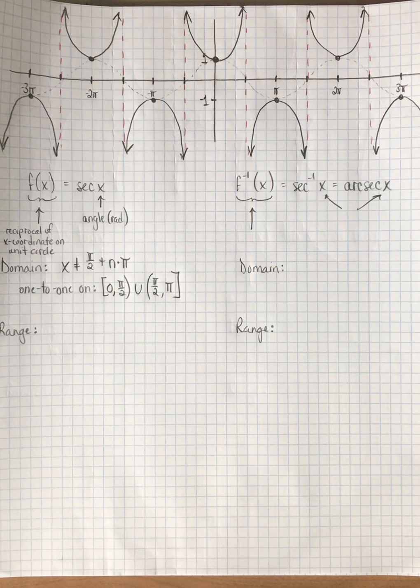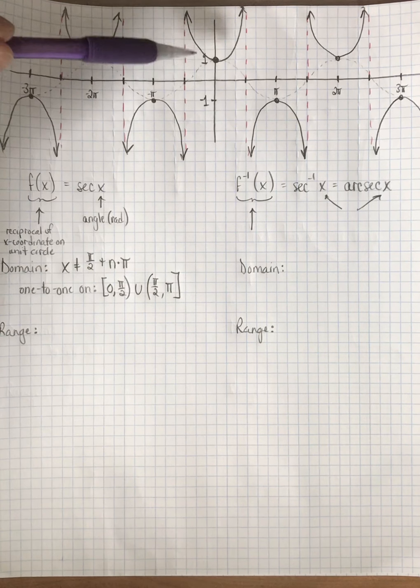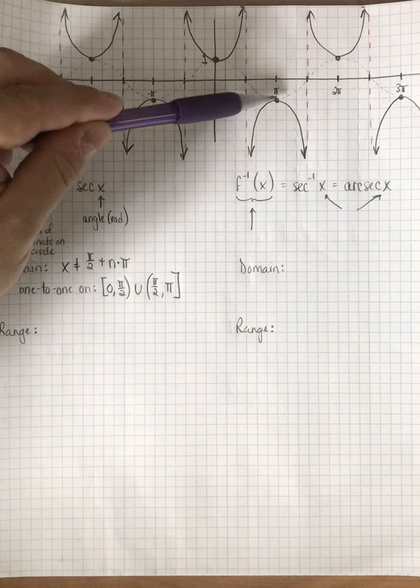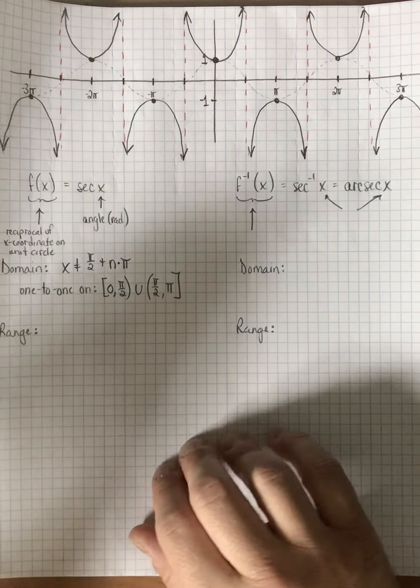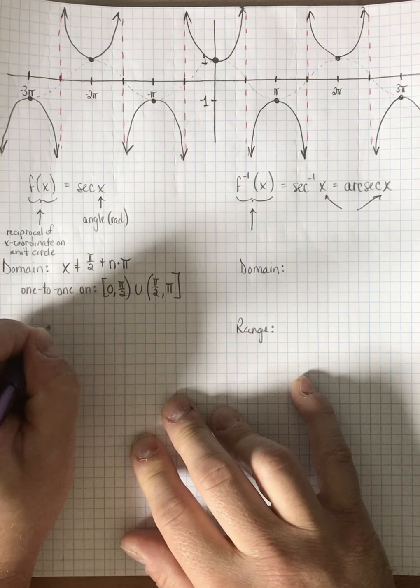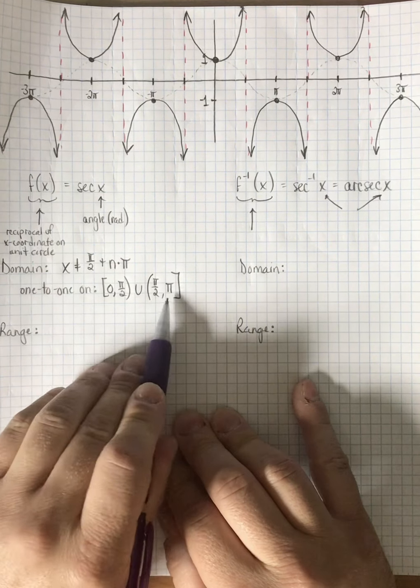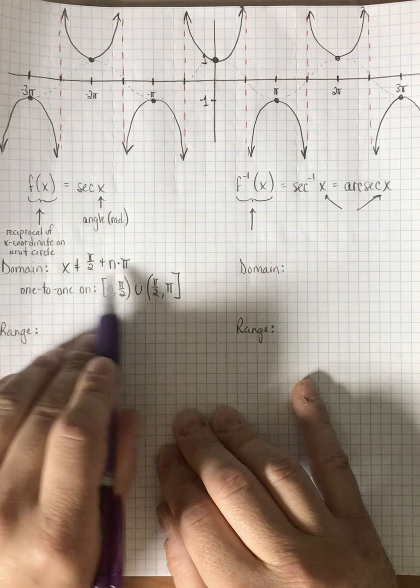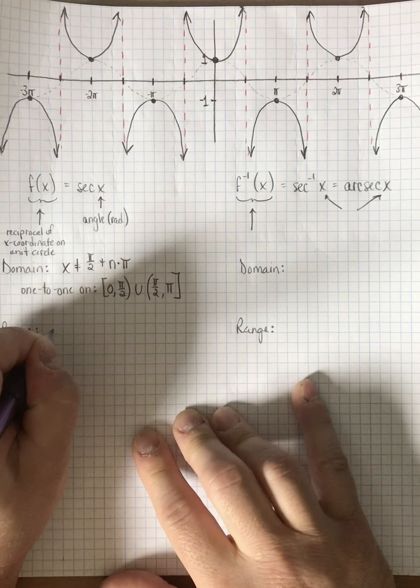Now the range is interesting. If cosine is only allowed to be small, that means it had to be within one space of 0 either way. Then secant has to be more than one space either way. So the same way that the domain is broken up into different pieces like this, the range will be as well.